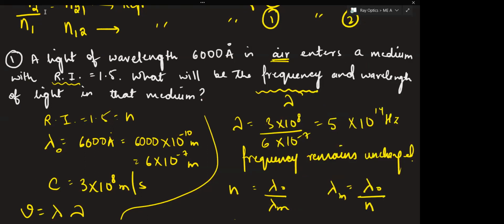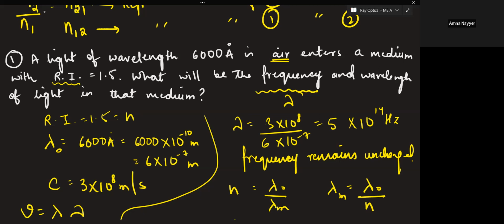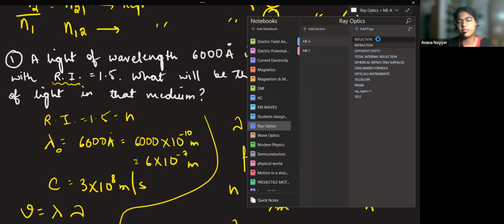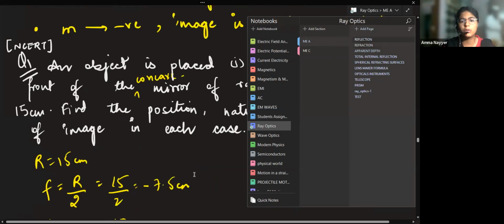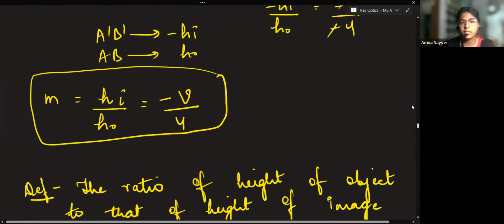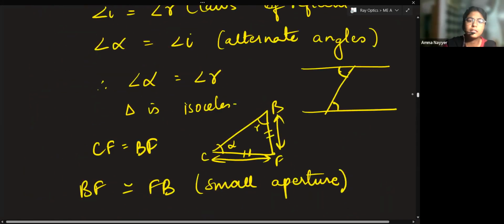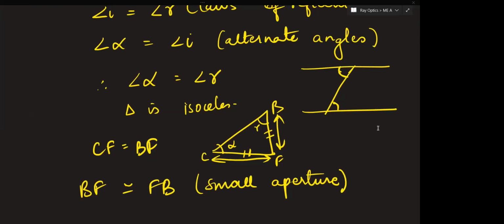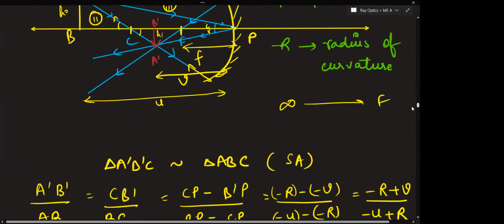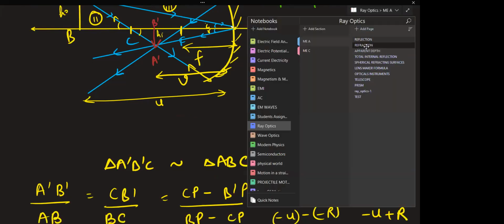Snell's law basically says that sine I by sine R is actually 1 upon the refractive index. Didn't we do the laws of refraction? Reflection we had done, the laws of reflection, where angle I was equal to angle R. I'm asking about refraction.